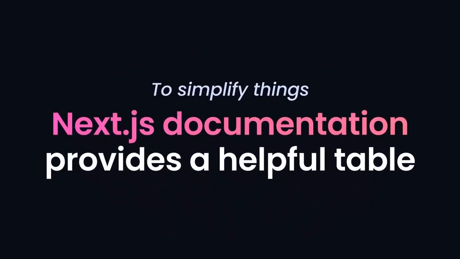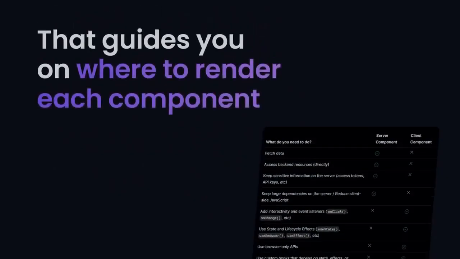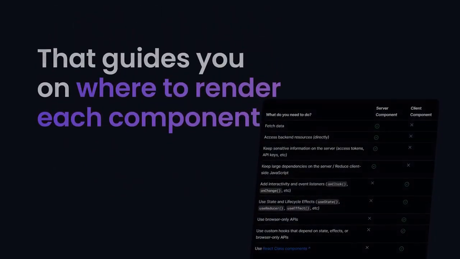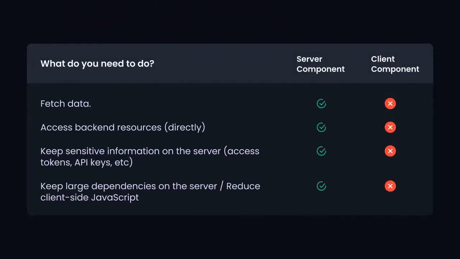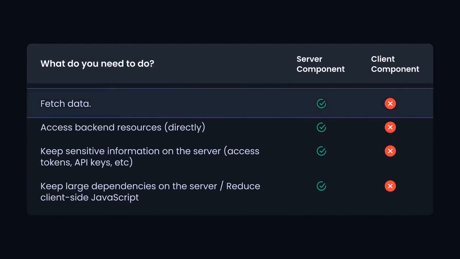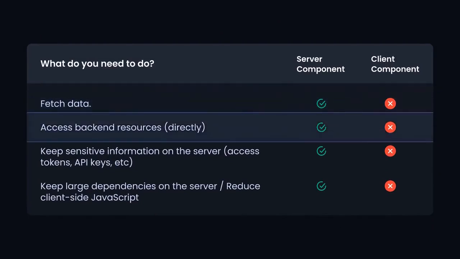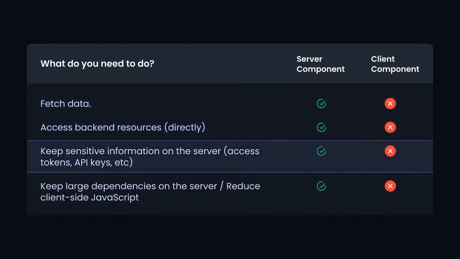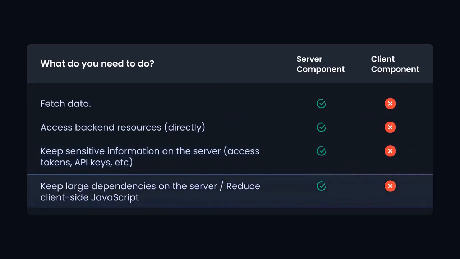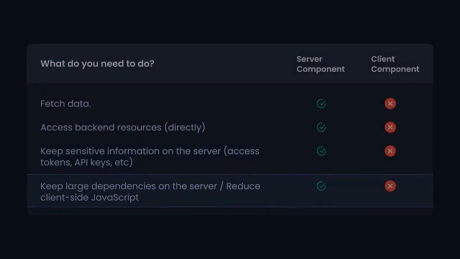To simplify things, the Next.js documentation provides a helpful table that guides you on where to render each component. We're talking about server components if you're fetching data, accessing backend resources directly, keeping sensitive information on the server, or keeping large dependencies on the server.